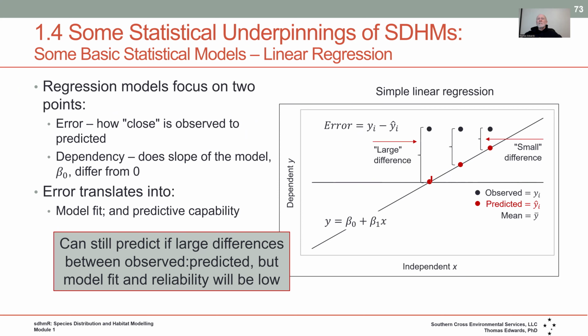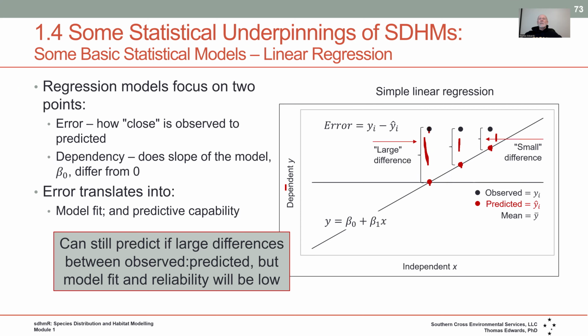Because what happens is that if you have a prediction here and an observation here, you have a large difference. Prediction here, a not so large. Prediction here, a small. Think Goldilocks here. Not too hot, not too cold, perfect for something like that.